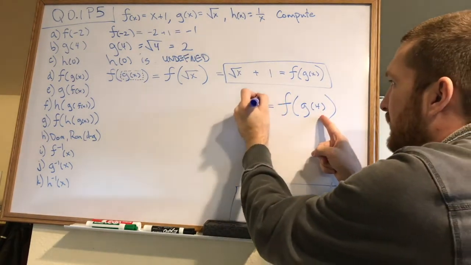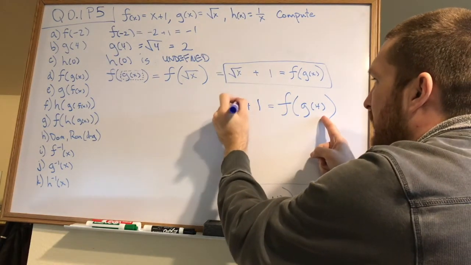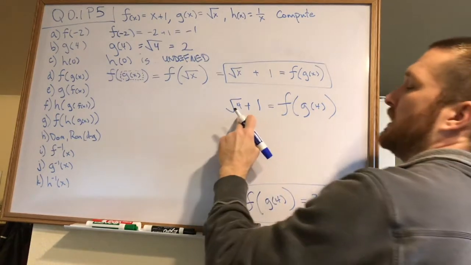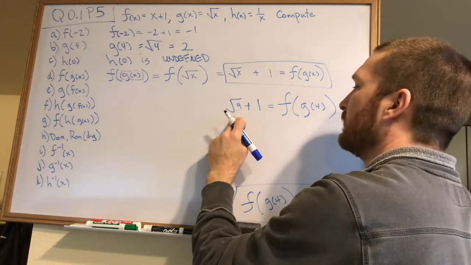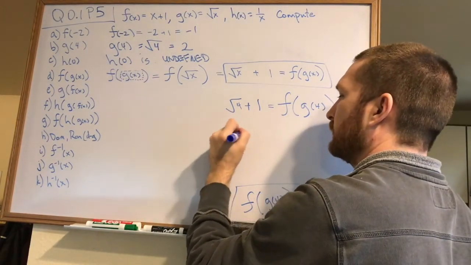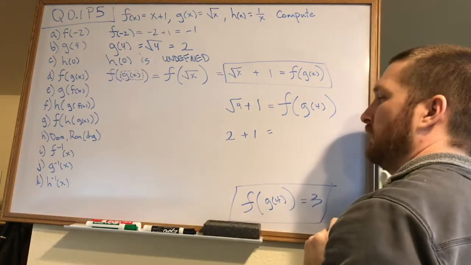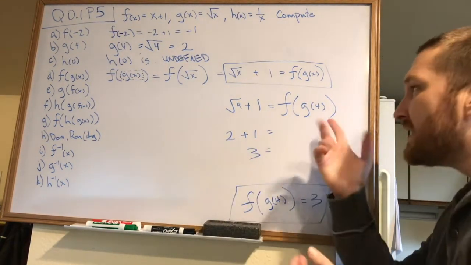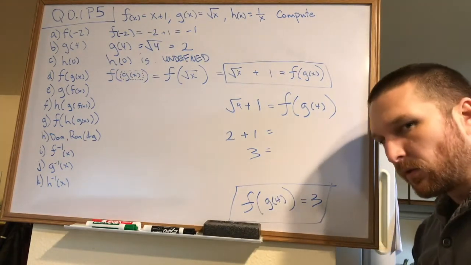So I'm just going to write this the same way I just saw it, and instead of x, I'm going to put a 4. And what would you do? Then you'd say, well, positive square root of 4 is 2. 2 plus 1 is 3. And hey, we get the same thing that we got before.